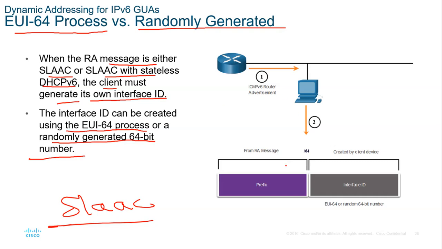The router will provide the prefix, and the interface ID has to be created by the client device through EUI-64, meaning the length of the interface ID, or randomly, 64 bits that are generated randomly.